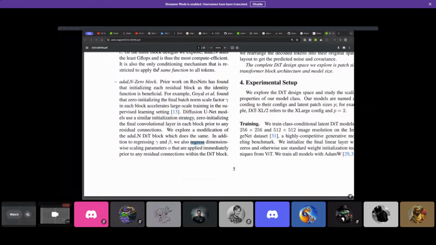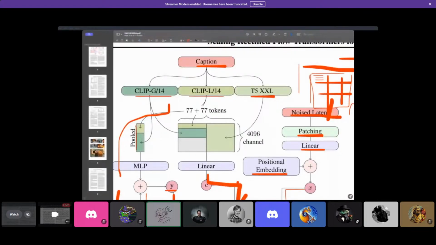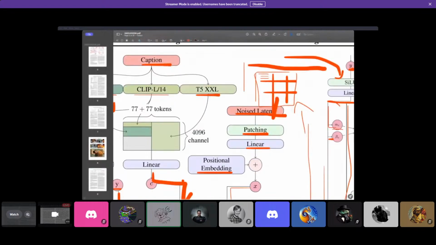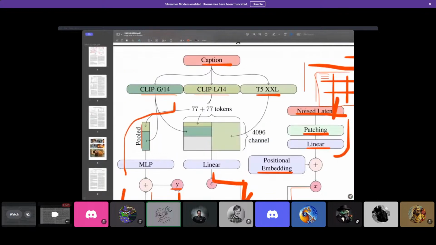So image information goes just through patching, linear layers, and so on, like image transformers. Text information goes through many models, trying to retain as much information as possible, notably the T5 model, which is not pre-trained on an image objective.